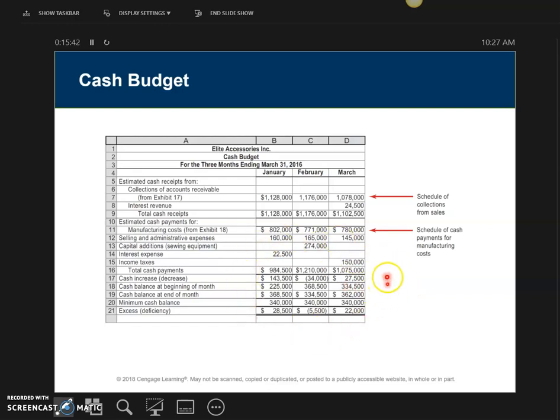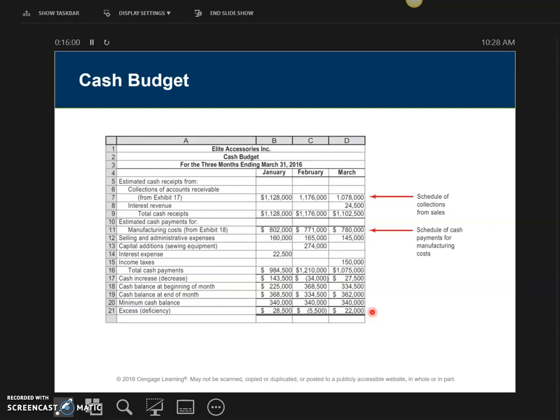This concept right here is difficult for many, but literally it tells you that at the end of March, here's what I'm going to have, 362,000, and I basically have 22,000 over what I want to keep in there, which is a good thing.